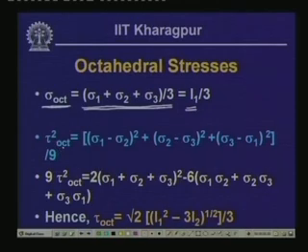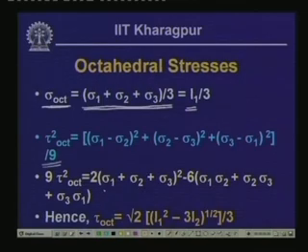Tau octahedral square is equal to sigma 1 minus sigma 2 square plus sigma 2 minus sigma 3 square plus sigma 3 minus sigma 1 square, divided by 9, or 9 times tau octahedral square. If we expand these and simplify, we get twice of sigma 1 plus sigma 2 plus sigma 3 square minus 6 of sigma 1 sigma 2 plus sigma 2 sigma 3 plus sigma 3 sigma 1.